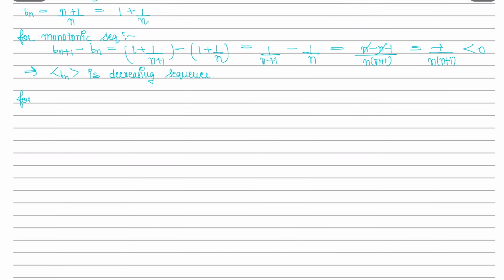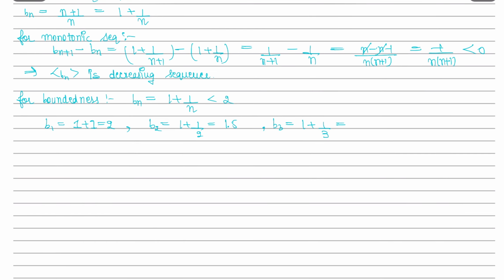For boundedness, b_n is equal to 1 plus 1 by n. So this term is always less than or equal to 2. Why? Because when we take the value of n starting from 1, b_1 is equal to 1 plus 1, which is 2, and then b_2 is equal to 1 plus 1 by 2, which is 1.5, and if we take b_3, this becomes 1 plus 1 by 3.